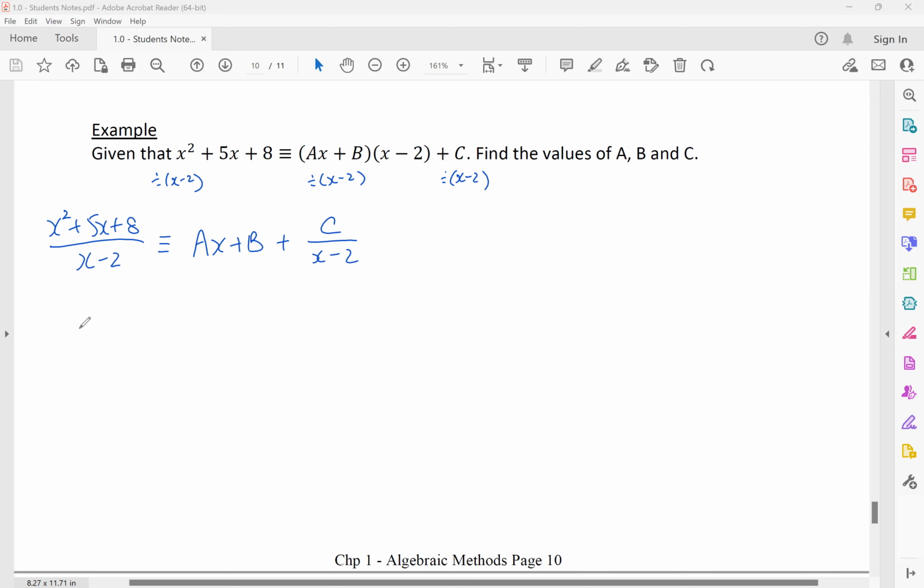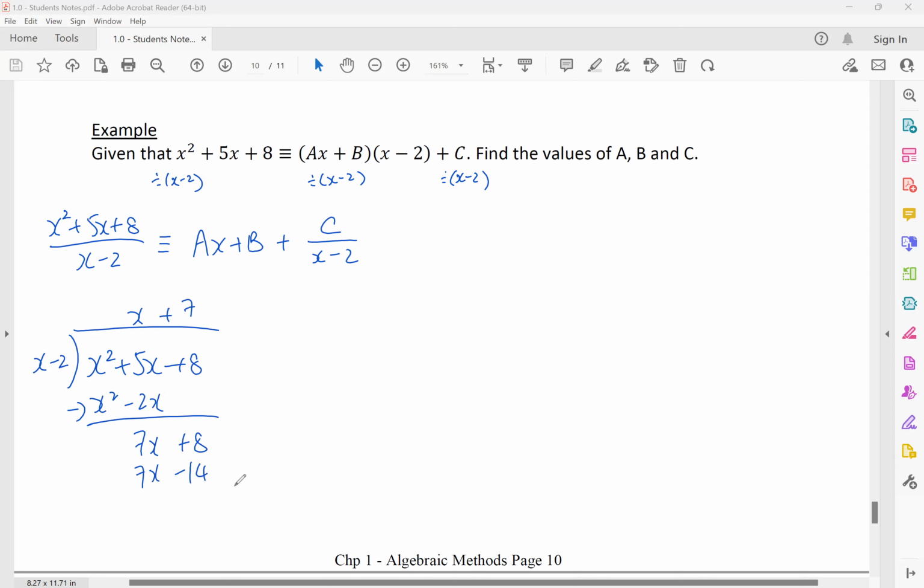So we'll just do a little division. x times x is x squared, love it. x times negative 2 is negative 2x, minus makes it plus, 7x plus 8. Then 7x minus 14, minus makes it plus, 22. So you've learned how to put it in that format again. That x plus 7 goes in here. That 22 goes in here.